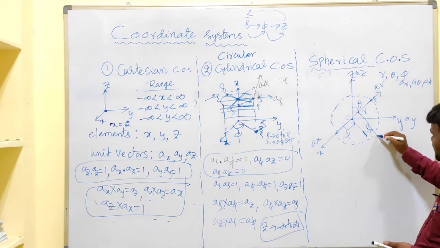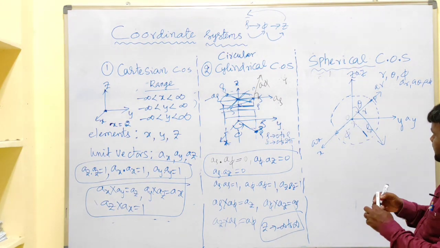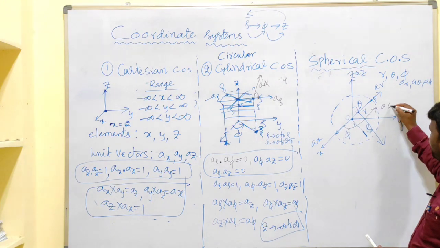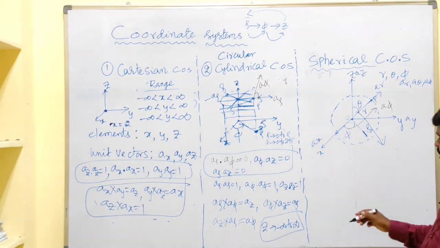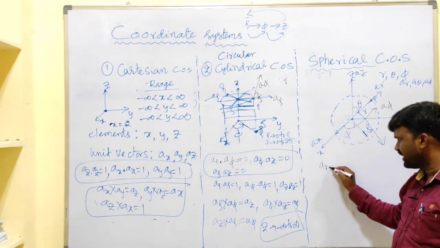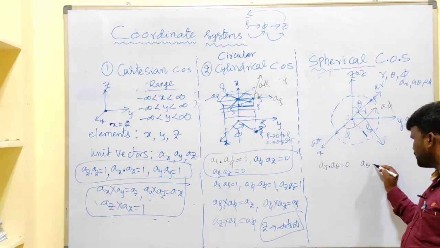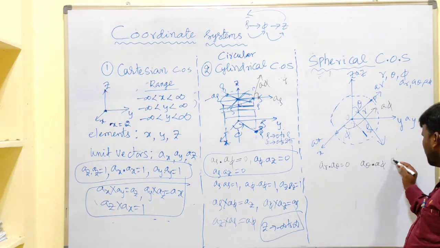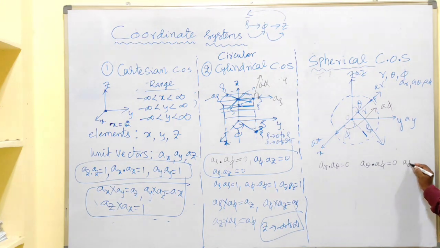And this one is the phi direction, a phi. Of course a r, a theta, a phi are mutually perpendicular to each other. In that case we can write a r dot a theta is 0, a theta dot a phi is also 0, and a phi dot a r is also 0.